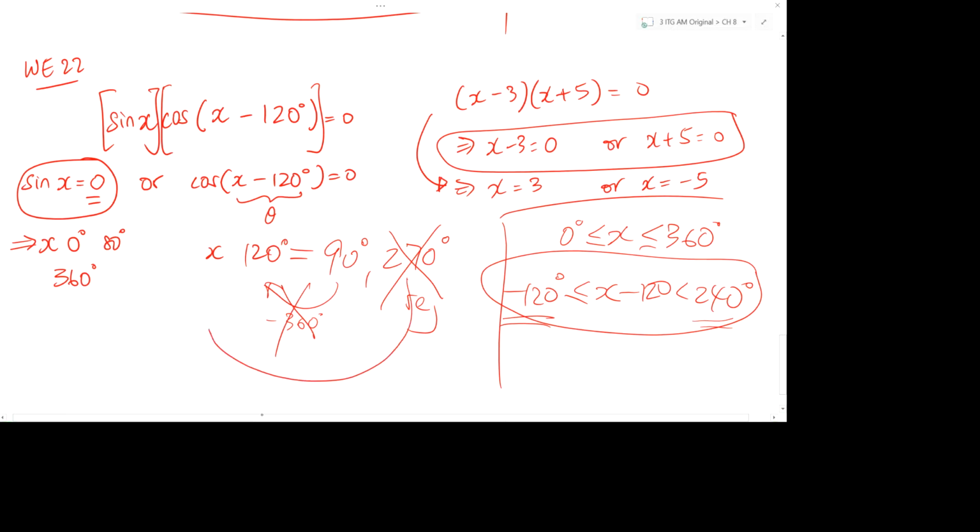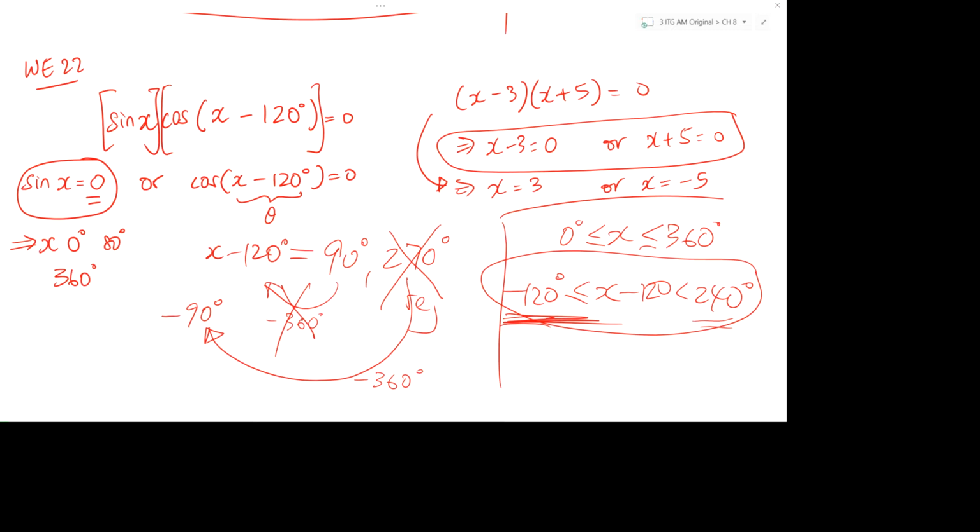But 270 we can still minus 360 because it is periodic. Although the value 270 is not in my range already, there is the other side. We go minus 360, we get negative 90 degrees. Is negative 90 within the range? Yes, so I need to include negative 90 over here. So now x minus 120 also gives me negative 90 and 90.